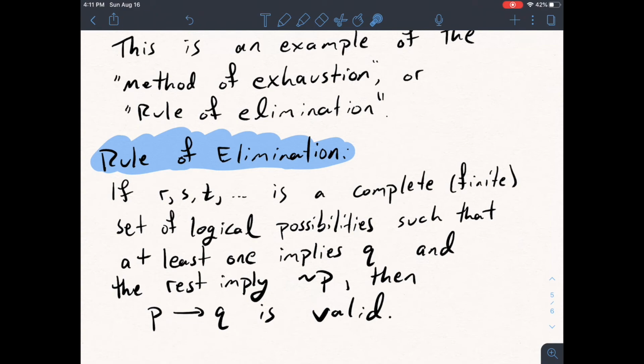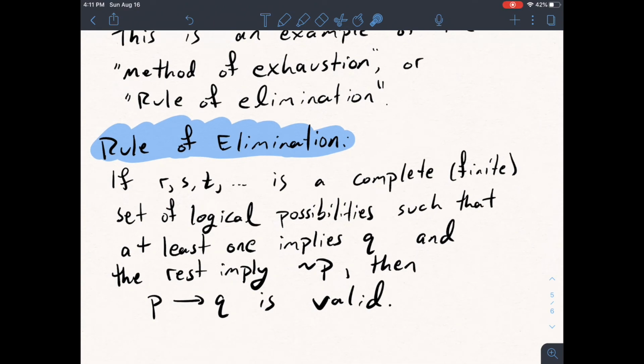So if you have this finite set of logical possibilities such that at least one of them implies a statement Q, which you're trying to prove, and all of the other possibilities imply that P is false, then P implies Q is a valid statement. It is a true statement.